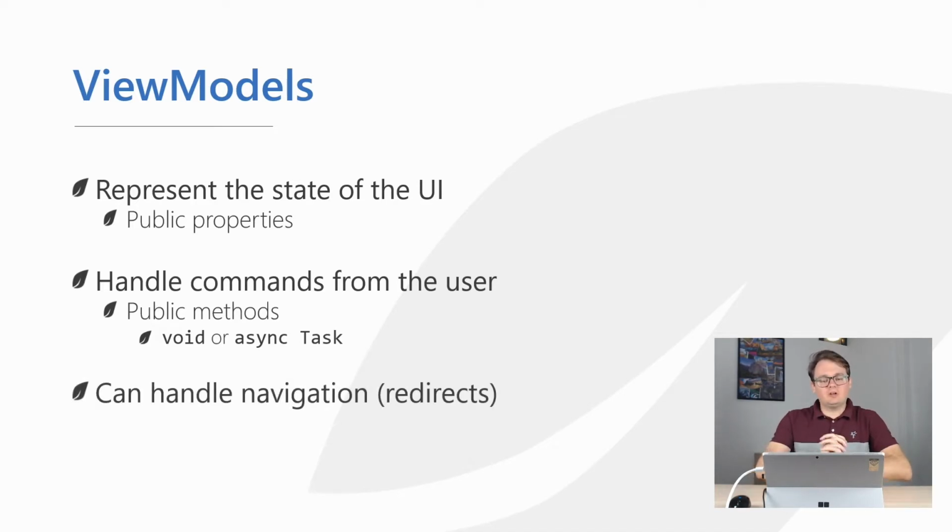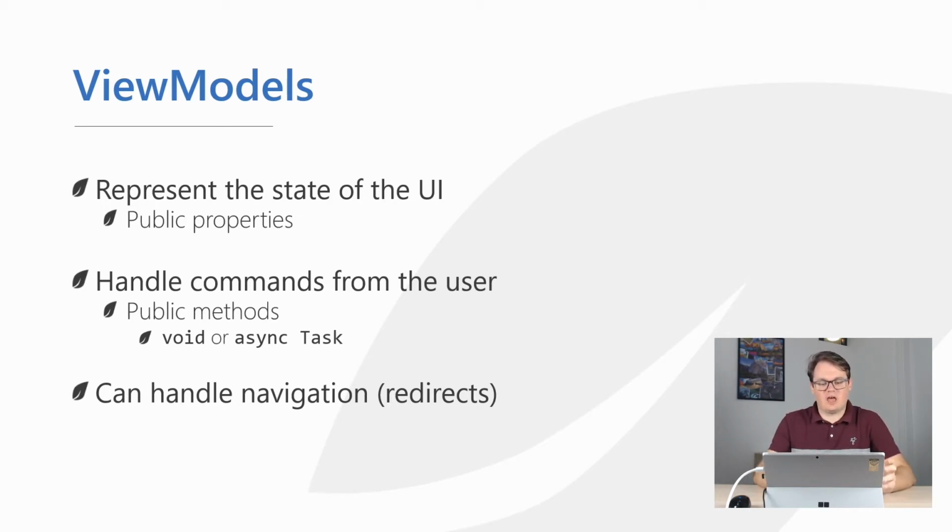Also, an optional thing that the view model can do is navigation between pages. The view model can redirect the user to another page, or to another route to be precise. You don't always need this because you are still in HTML, so you can create a hyperlink to another page. I was also showing the RouteLink control.